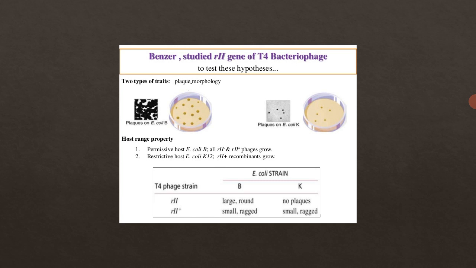Now R2 minus, or we can say R2, is not present on the K strain. The large ones are not present on the K strain, whereas the R2 plus strains are present on E. coli K, giving small and ragged plaques. So these results we got from the first step.